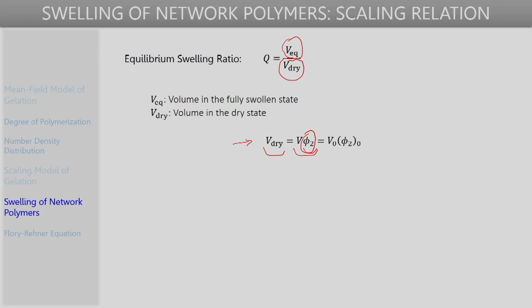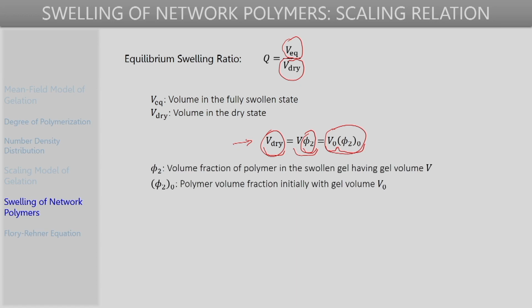So, if initially the volume of a partially swollen polymer, or a polymer having some solvent, is V naught and the corresponding volume fraction of polymer is phi 2 naught, then this product will also be equal to V dry. So, at any point during the swelling behavior, the V dry will be equal to just the corresponding volume of the swollen gel times the corresponding volume fraction of polymer in that swollen gel.